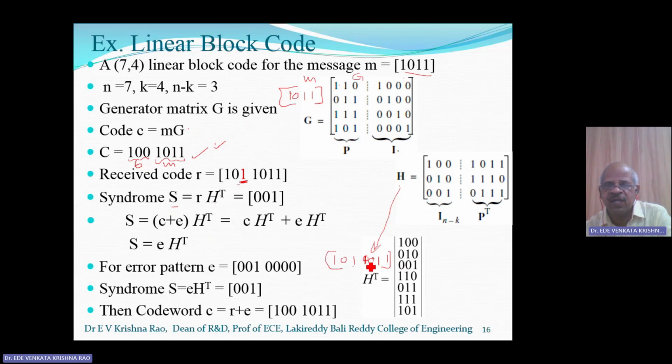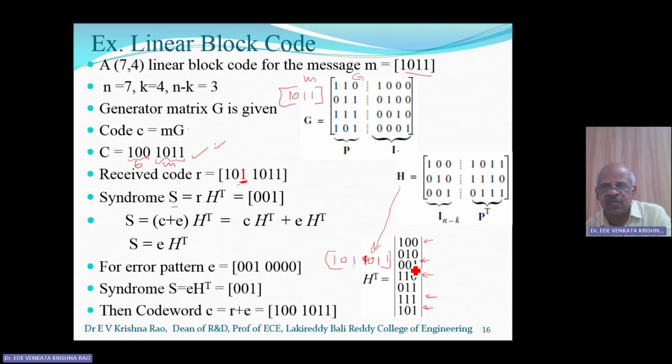So this one and this one multiply, then add. 1 0 1 0 1 plus 1 0, so this is 0.